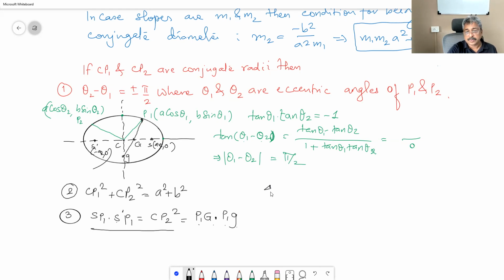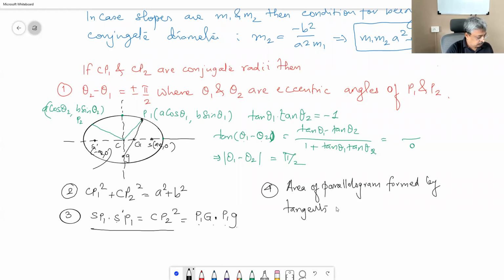Next property. The area of the parallelogram formed by drawing tangents at the ends of a pair of conjugate diameters is equal.